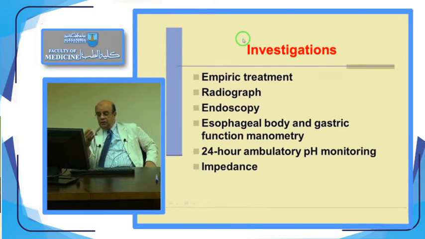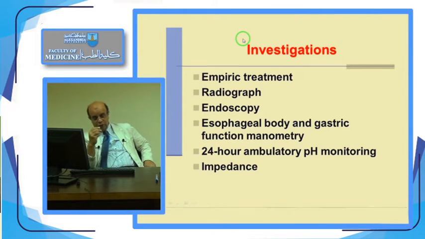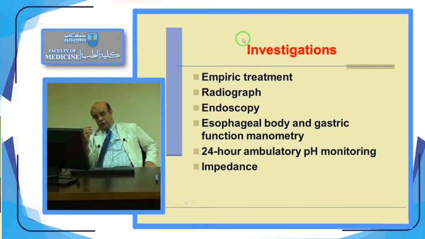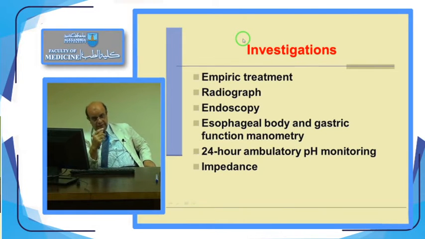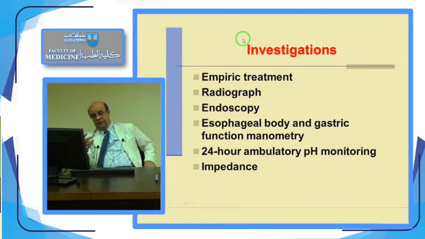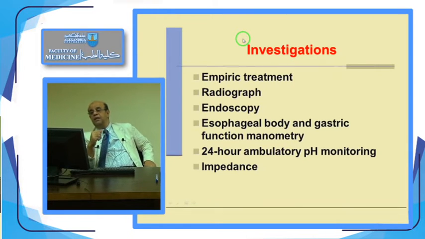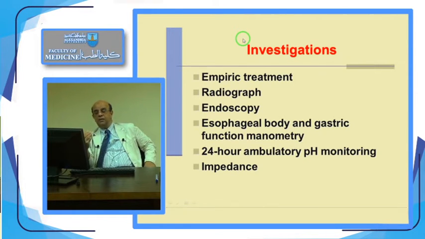And another investigation is the manometry to measure the pressure of the lower esophageal sphincter, its length, its presence, if there is peristaltic activity or there is no peristaltic activity, as in the case of achalasia. pH monitoring is one of the most important investigations to prove the presence of acidic gastroesophageal reflux.